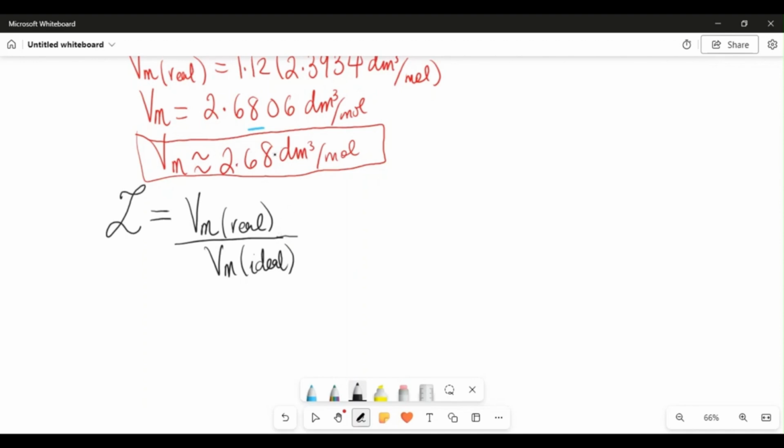So now we have the information for the real gas, which is 2.6806 dm cubed per mole. Note that the Z value, the compression factor, has no units. It's just a number.